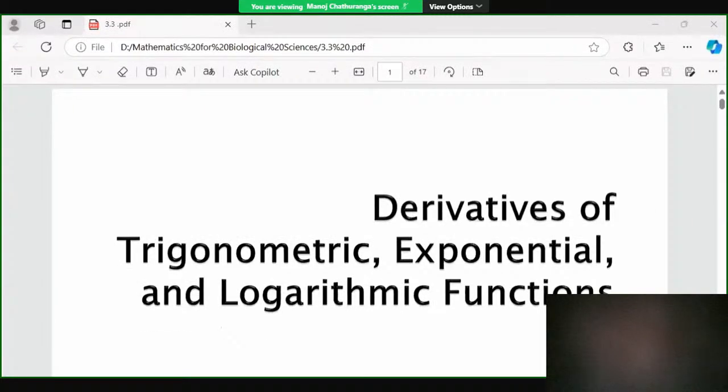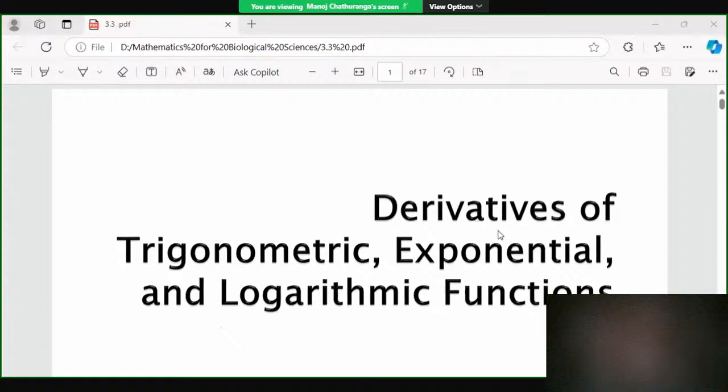We started talking about derivatives of special functions. Derivative of exponential functions, we discussed that part.